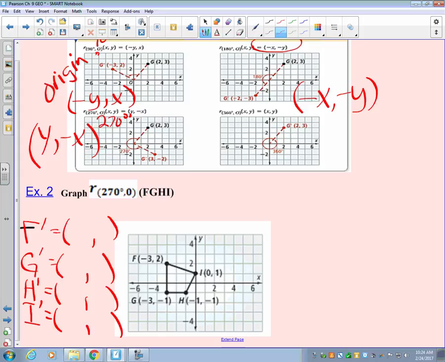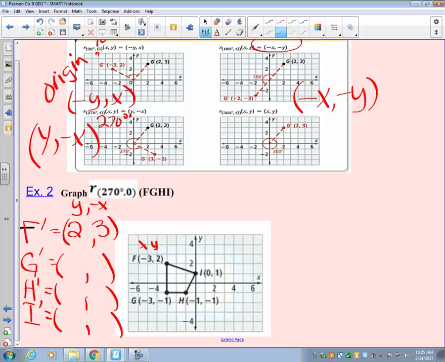So the rule with 270 is that whatever our number is, we're going to put the second one first, the first one second, and change its sign. So F is originally -3, 2. I'm going to take the 2 and I'm going to put it in front. I'm going to take the -3 and make it positive.